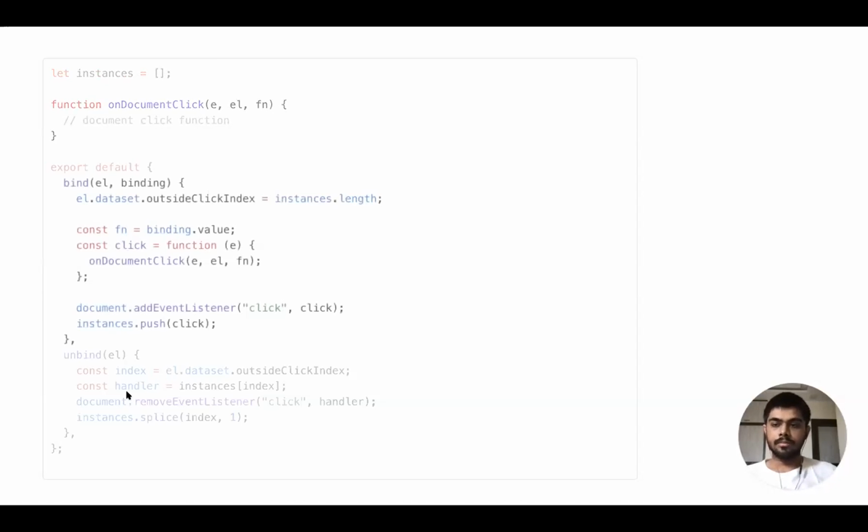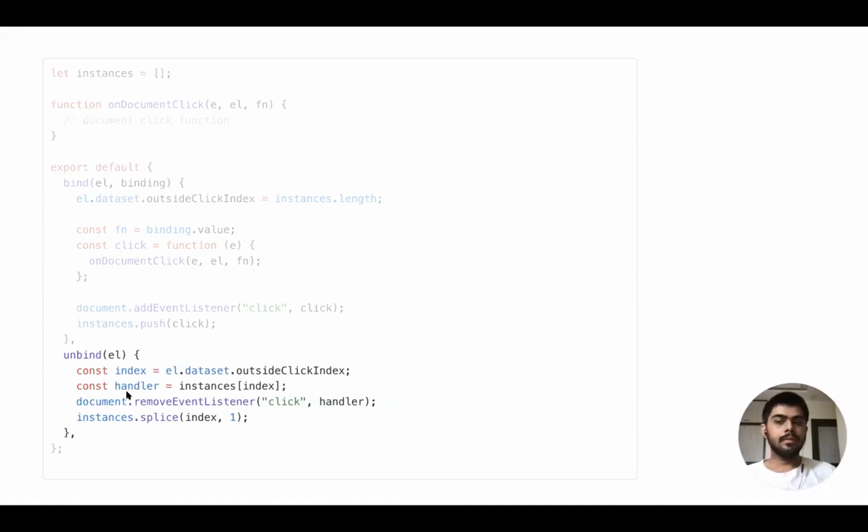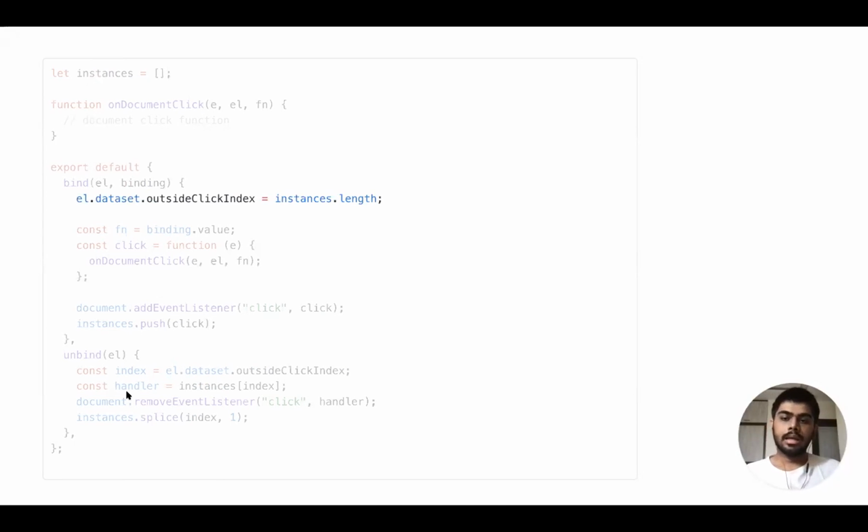This is our function. We have the bind, we have the unbind. Now in the element dataset, we'll add instances.length, so it will get data-outside-click-index equal to instances.length. What this enables is that every element will have a unique outside click index, because instances.length will always be unique.